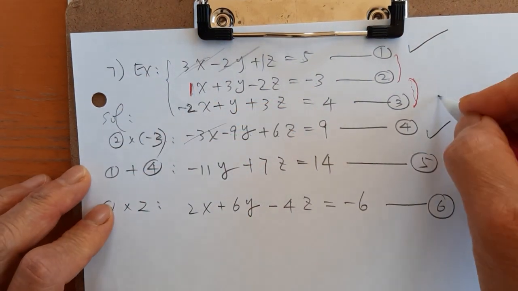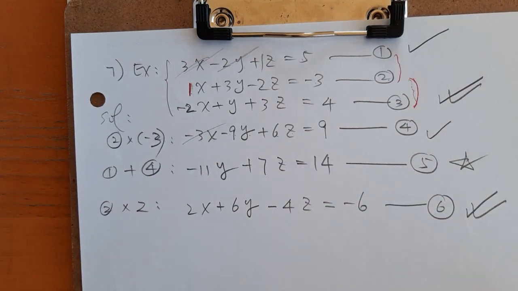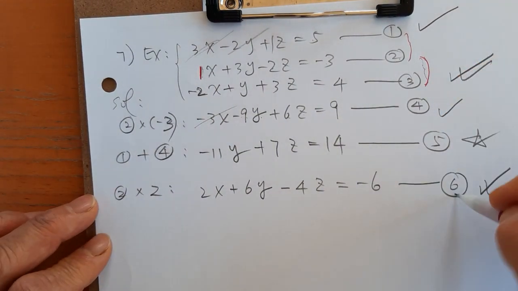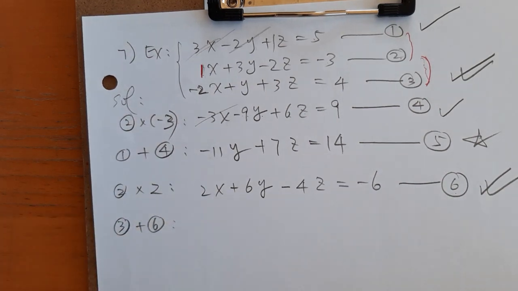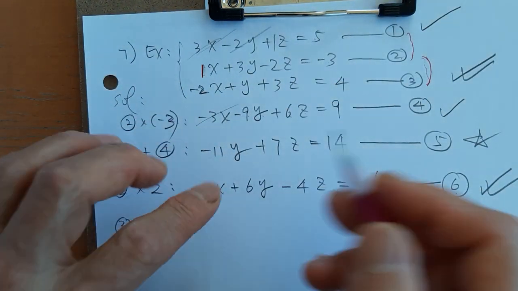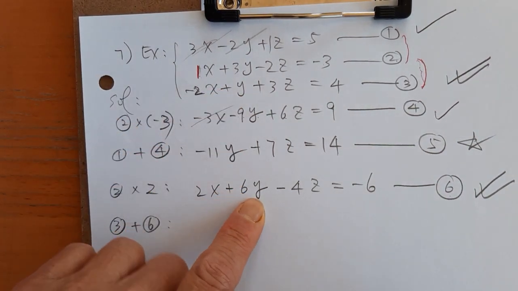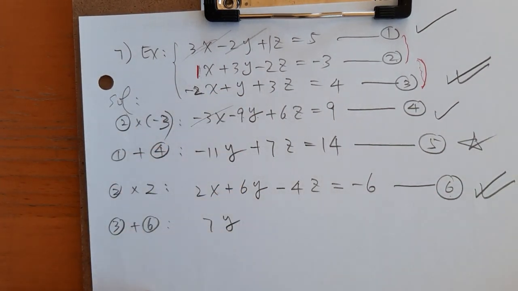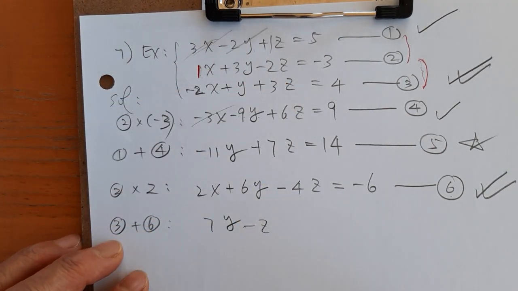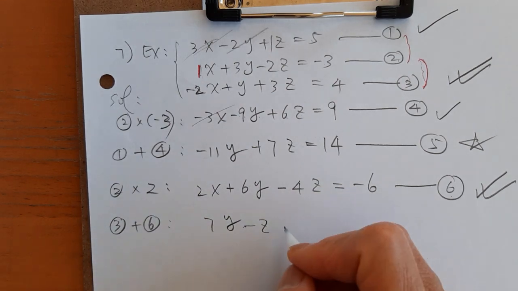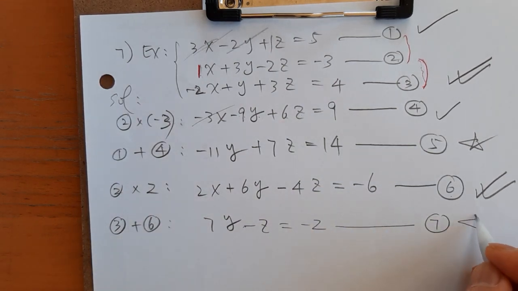Then add the sixth equation and the third equation together. 3 add 6: -2x add 2x cancel, so x is eliminated. y add 6y is 7y, 3z add -4z is -z, 4 add -6 is -2. You can call this the seventh equation.